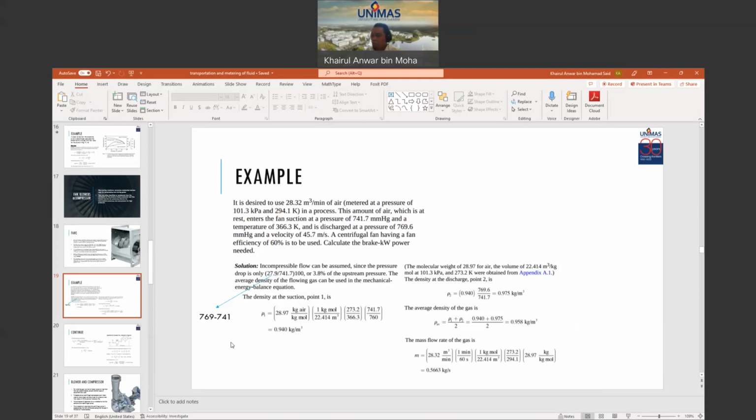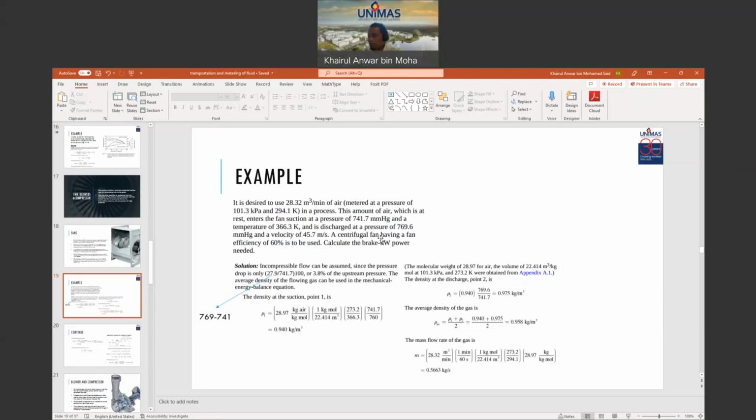Example: it is desired to use 28.32 meter cube per minute of air metered at a pressure of 101 kilopascal and 294 Kelvin. In the process, this amount of air, which is at rest, enters the fan suction at a pressure of 741.7 mmHg and a temperature of 366.3 Kelvin and is discharged at a pressure of 769.6 mmHg and a velocity of 45.7 meter per second.